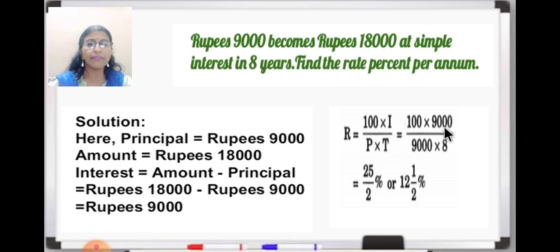So in place of I, we'll write 9,000 upon, now principal is also 9,000, and then time, that is number of years, is 8. So we'll write 8. And then we'll solve it. We will reduce this, the 9,000s will be cut, and the 100 divided by 8, you will reduce it by 4, you will get 25 upon 2%, and then when you divide 25 by 2, you will get 12.5%.